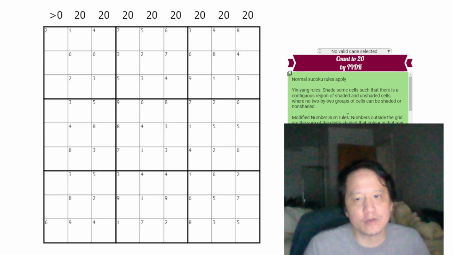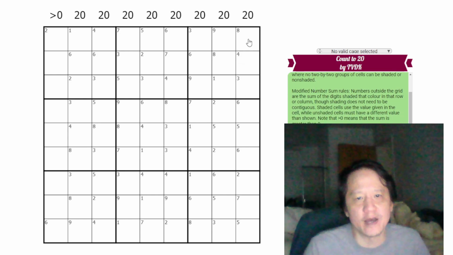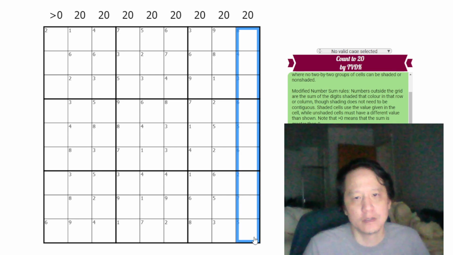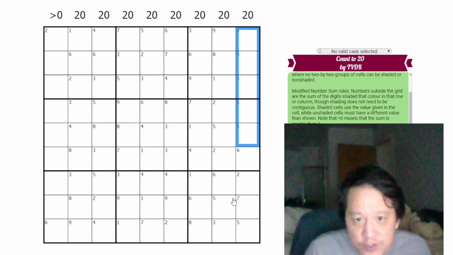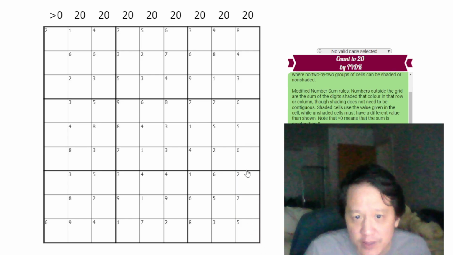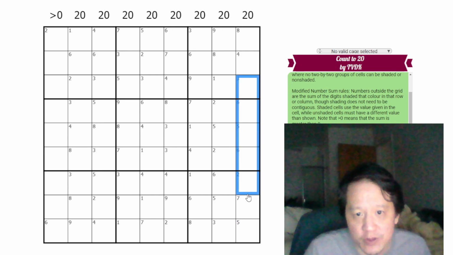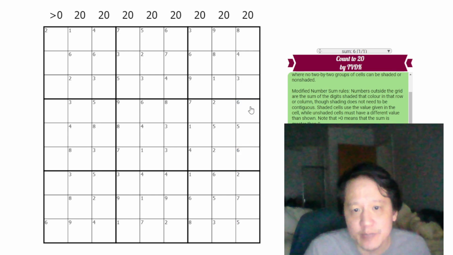Okay, so now just solving the puzzle. Modified number sum rule. So one thing we know is that this cannot be all shaded, because first of all, you have two 5s here, and if they were all shaded, they would both have to be 5. And on top of that, we know there's a 6.